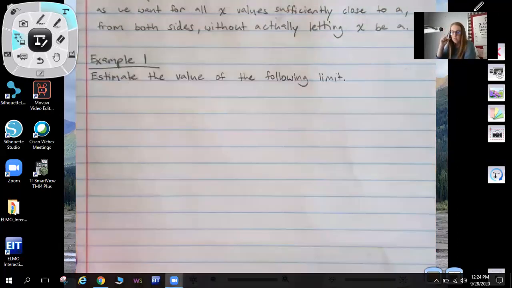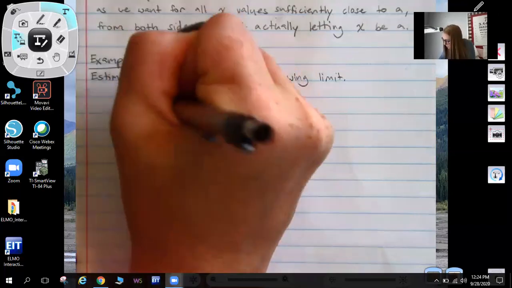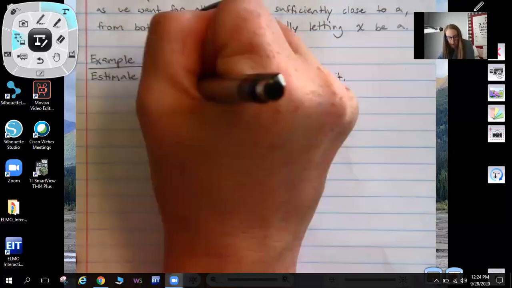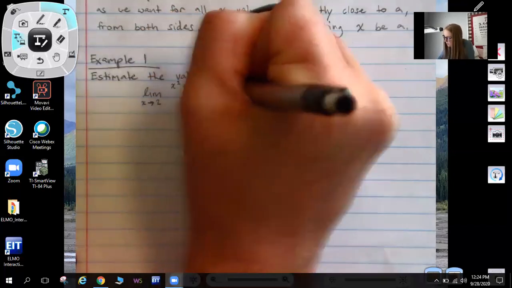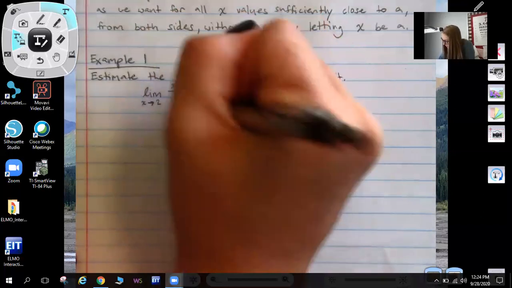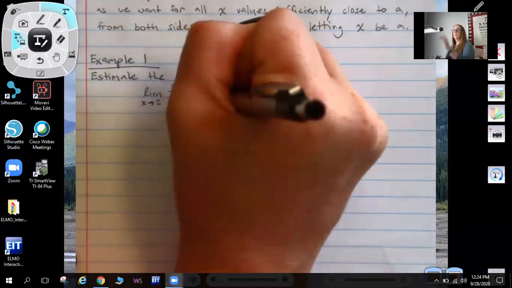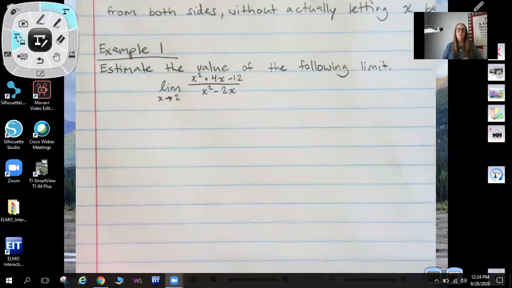The limit as x approaches 2 of x squared plus 4x minus 12 over x squared minus 2x.